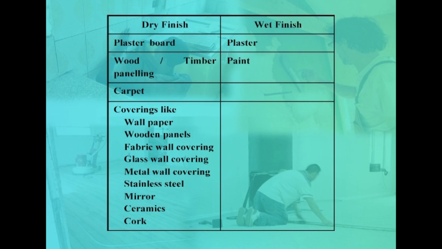Dry finish is carpet. Dry finish can also be various coverings like wallpaper, wooden panels, fabric wall covering, glass wall covering, metal wall covering, stainless steel, mirror, ceramics, cork, all of which come under dry finish.